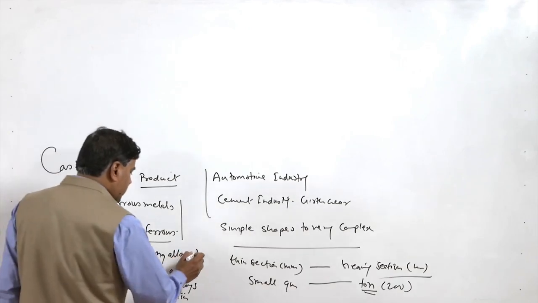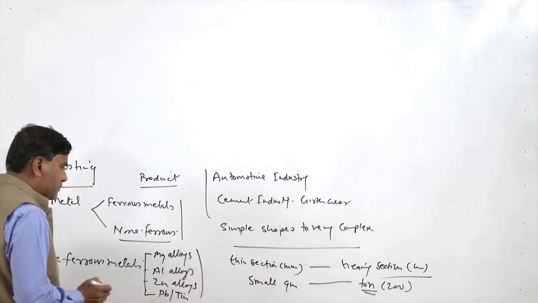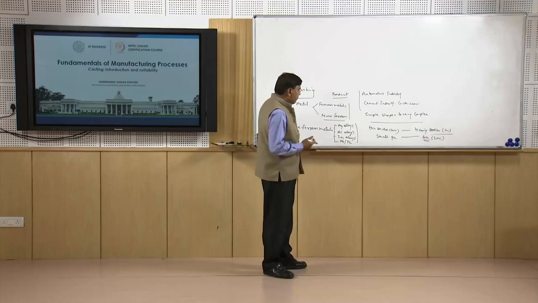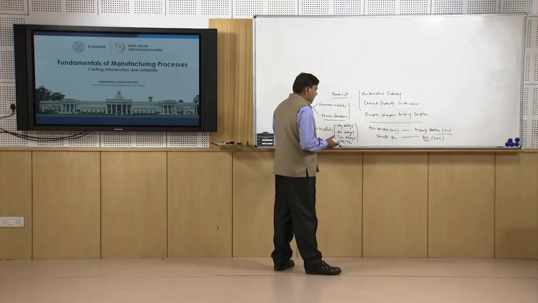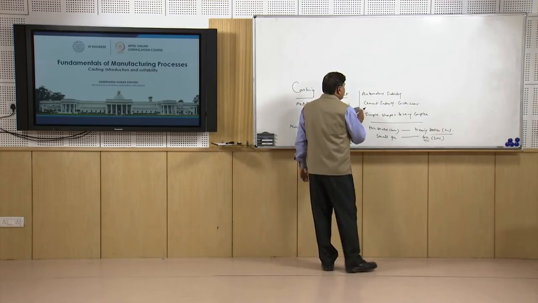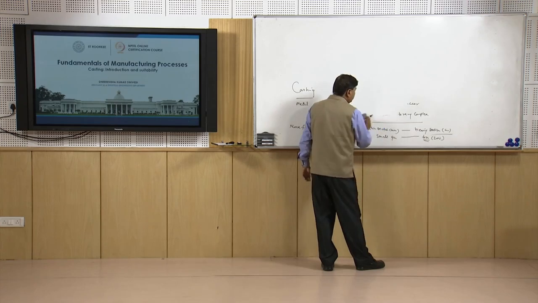Because of the low melting point temperature of these metals, they are easy to melt, so they can be given shape through the casting route.